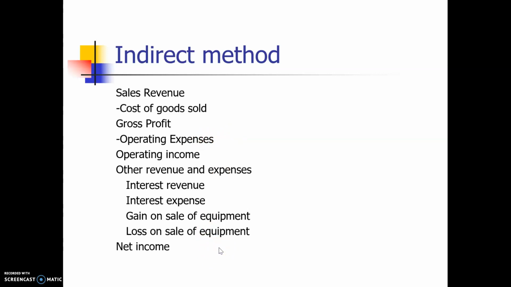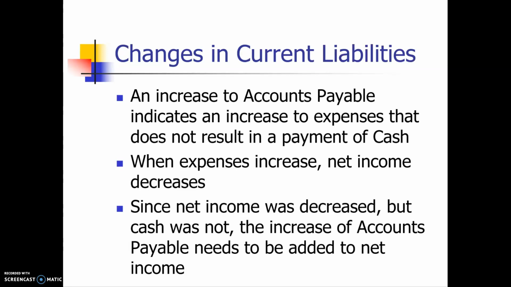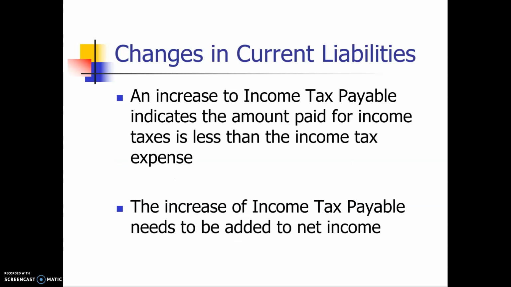But it did not result in a payment of cash because we owe for it. That's why accounts payable is increasing. So since that increase in accounts payable was a result of expenses increasing that caused net income to decrease, but cash did not decrease, we are going to add that increase in accounts payable.